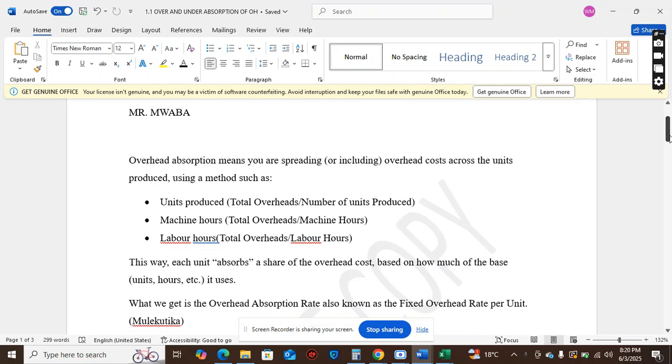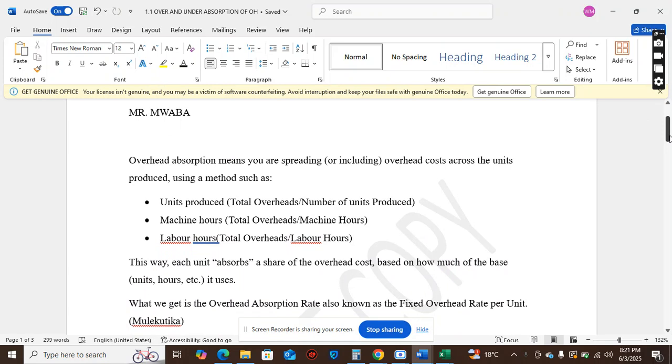All right, colleagues. Whenever we say overhead absorption, it means you're just trying to include overheads into the units that you are producing. You're including the overheads that you incur in the factory into the units you produce. There are various ways we can do that.